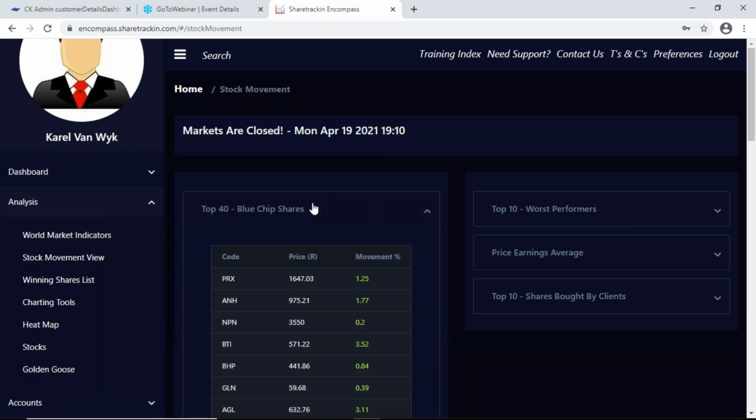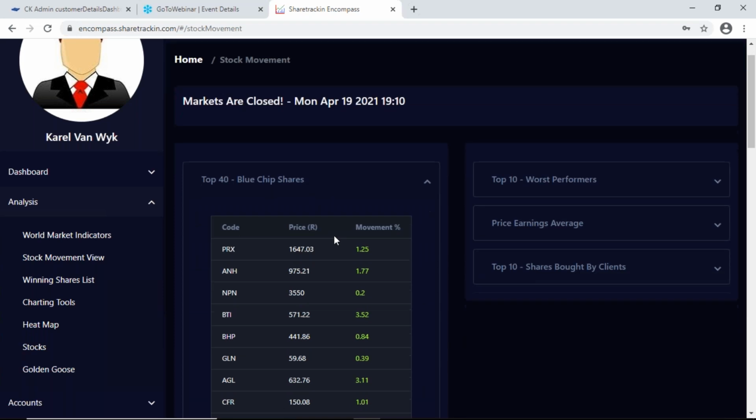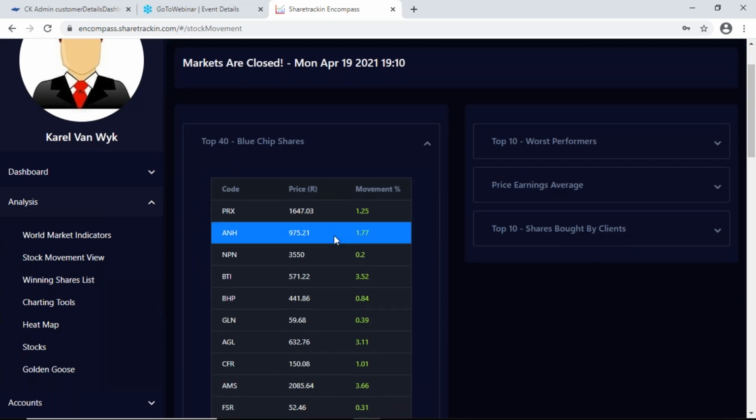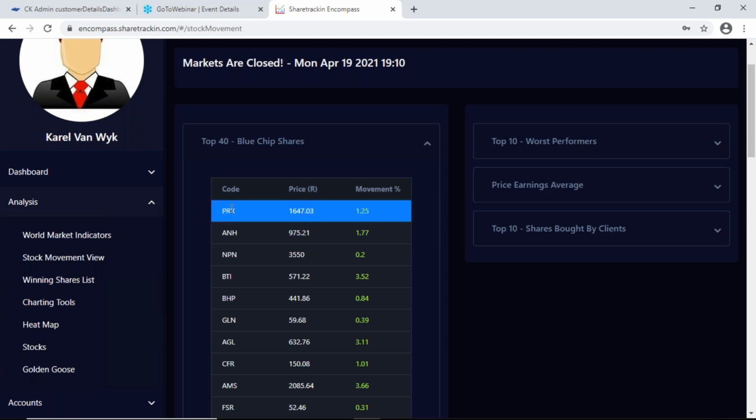So if I click on my top 40 blue chip shares, I would get the 40 largest companies on the JSE. So I'm getting the company's code, the company's price, so what one share is worth in rands, and then the percentage movement I had for the day.